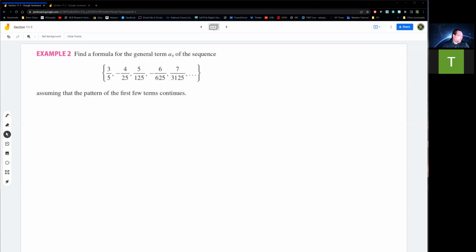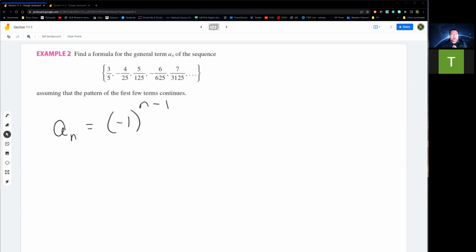So the first thing we notice is that the sign is switching between each one. The first one's positive, the second one's negative, the next one's positive, and so on and so forth. So when we're writing that, the first thing we're going to put is -1 to the n plus 1 or n minus 1, you can do it either way actually.